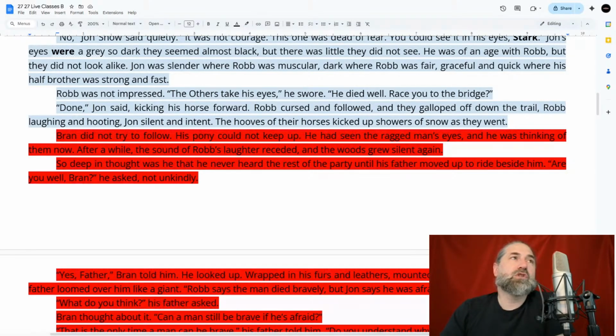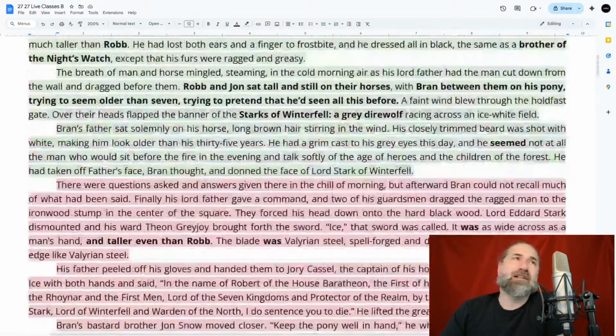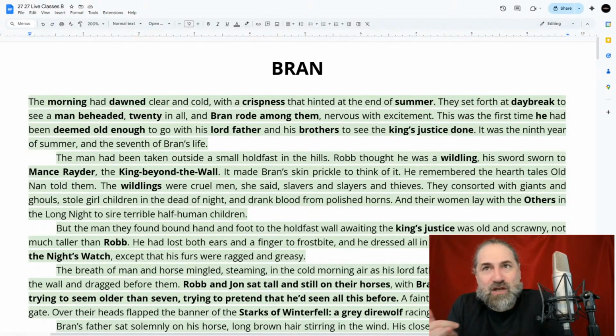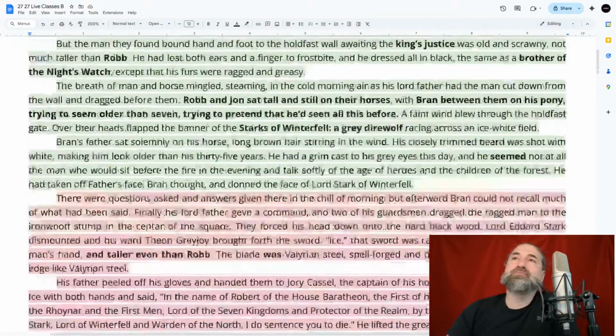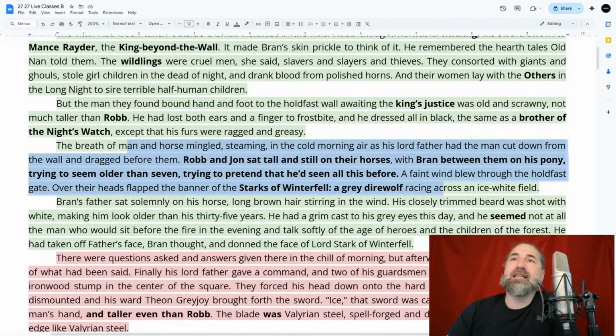All right, so the beginning of this scene sets up the context. We understand that Bran, of all people, is ultimately going to witness the king's justice. We learn that Bran is the youngest of the boys, that it is the end of summer, and that Robb is the eldest.